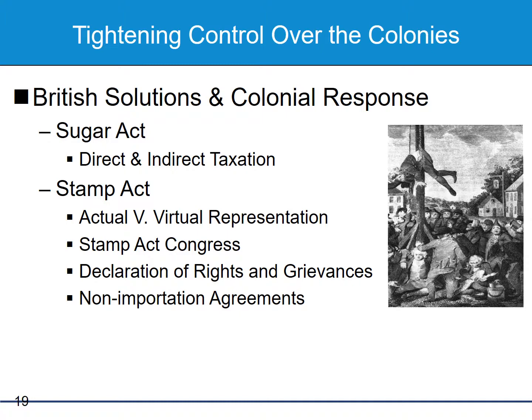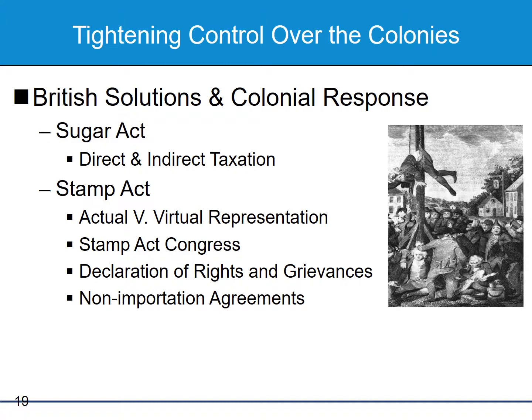So then the next step for the colonies was to issue non-importation agreements, basically saying, we're not going to import certain things from Great Britain. We're going to boycott these items. We're not going to buy these items. And so these non-importation agreements actually began to have a major economic impact on the British.